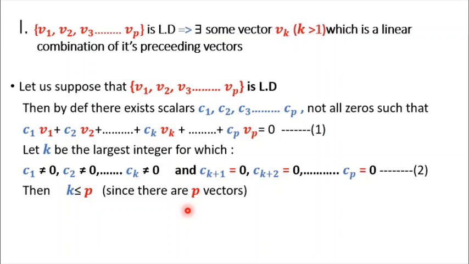You can have one non-zero scalar, two, three, four, or five non-zero scalars. But if you have only five vectors, you can't take six non-zero scalars. So if k is the largest integer up to where the scalar ck is not equal to 0, the maximum limit for k should be less than or equal to p, since there are p vectors.